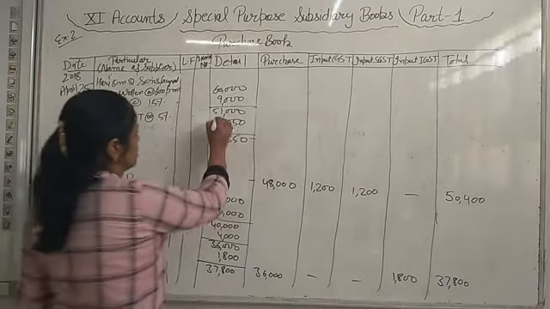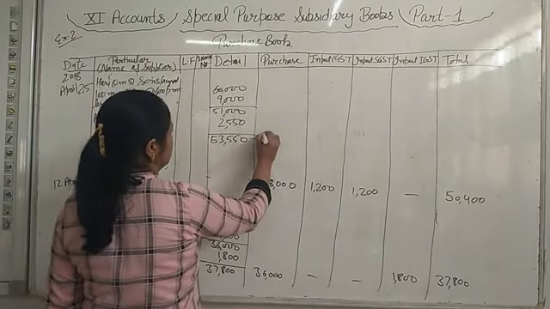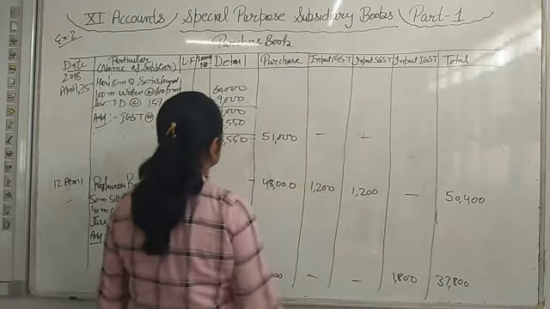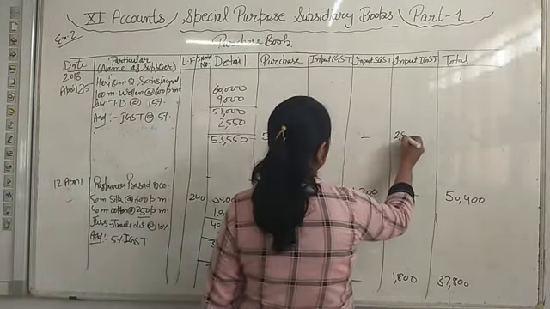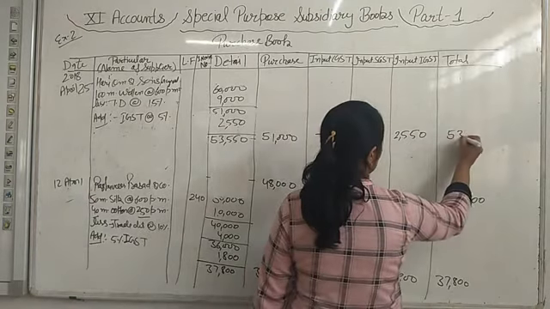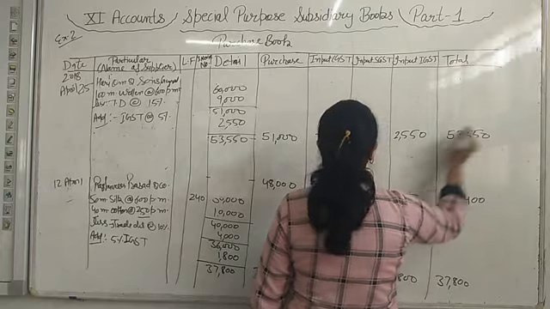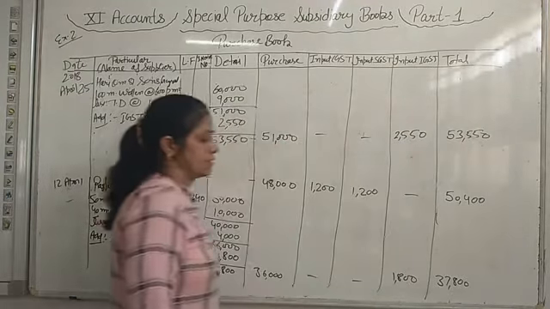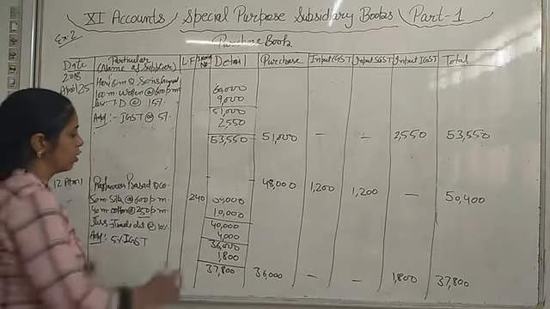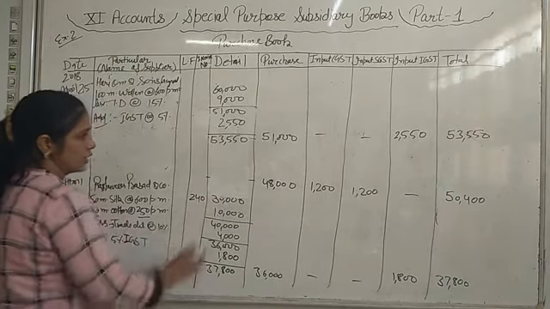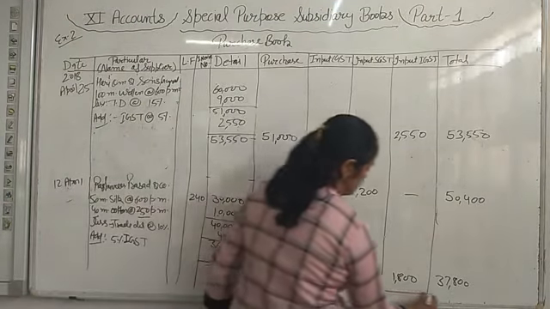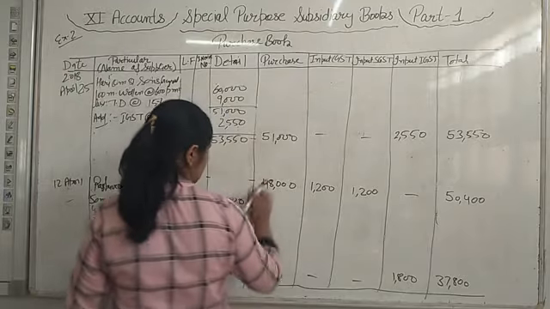In the purchase column you will write this amount after deducting the trade discount, no CGST, no SGST, and 2,550 is IGST, and in the total column you will write the total of purchase and IGST. So these 3 transactions we will record in the purchase book like this. After that, do the total of these 5 columns.